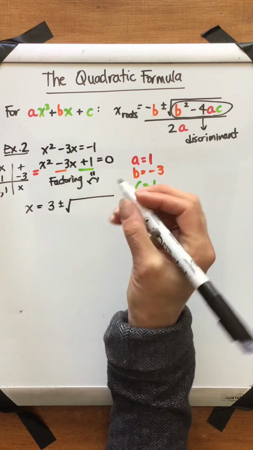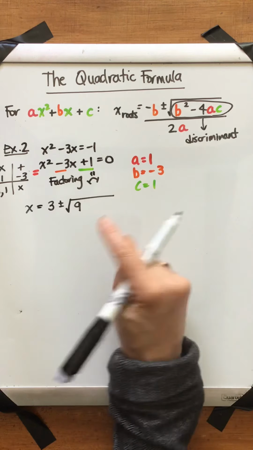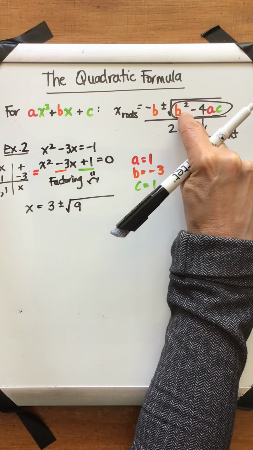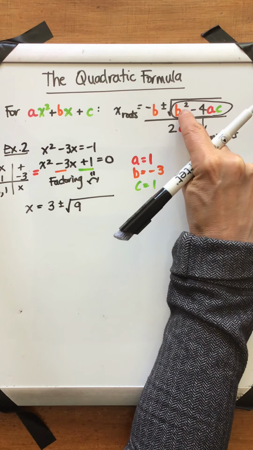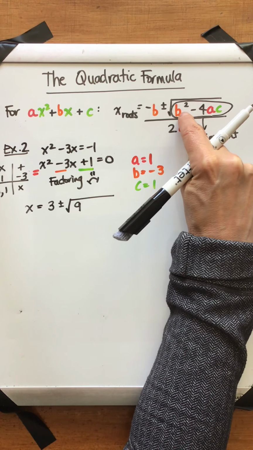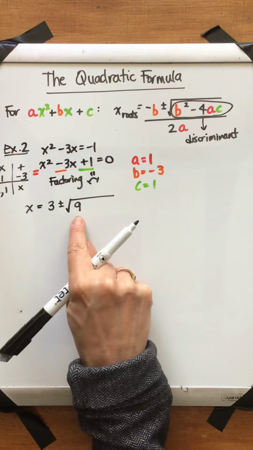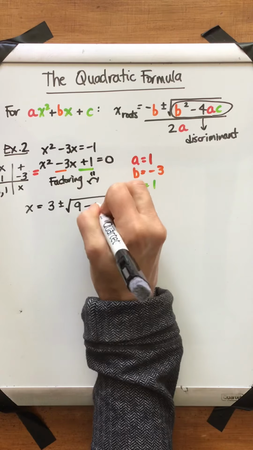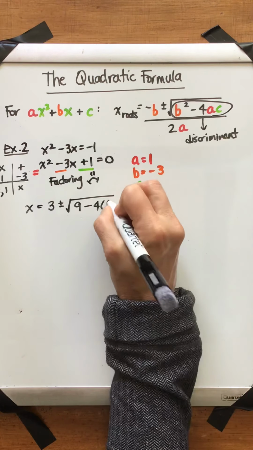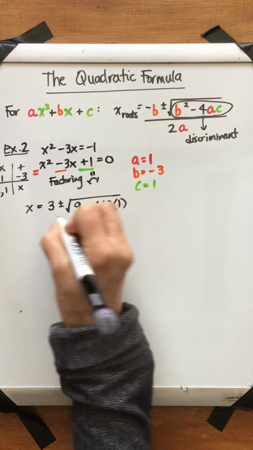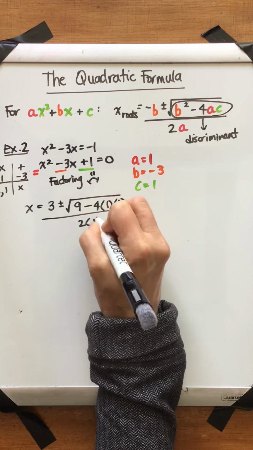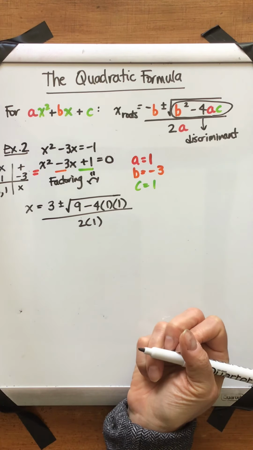Yes, in your head you can just say, I'm going to put a 9 in there. Notice that this term here will always end up being positive because a positive value squared is positive and a negative value squared is also positive. Okay? Minus 4 times a, which is 1, and c, which is 1. And all of this is divided by 2 times a, and a is equal to 1.